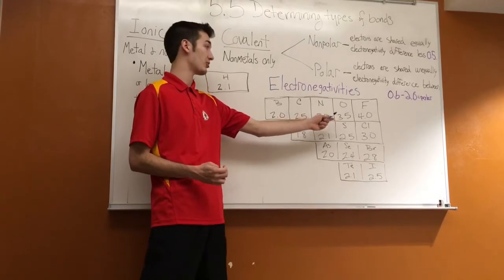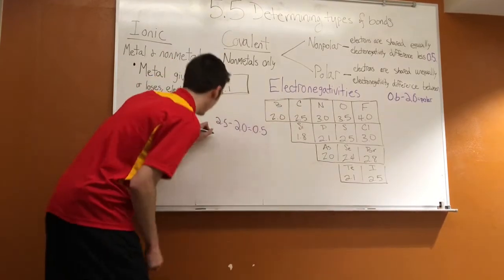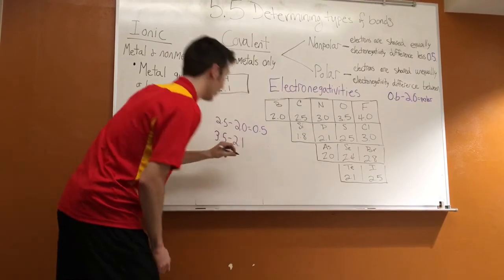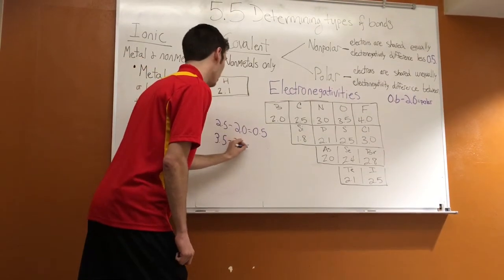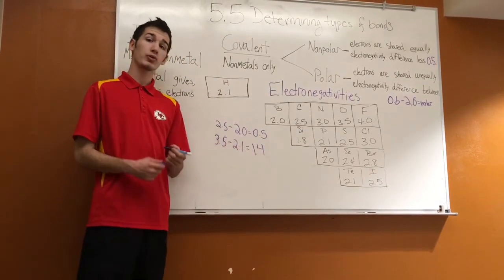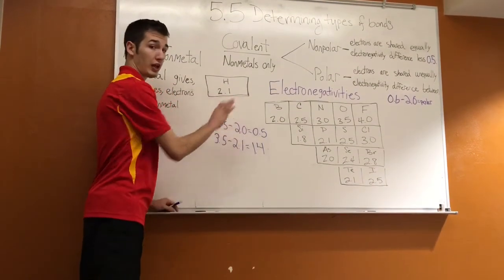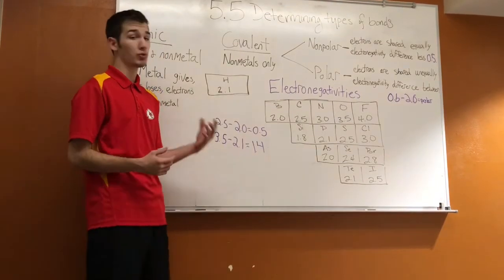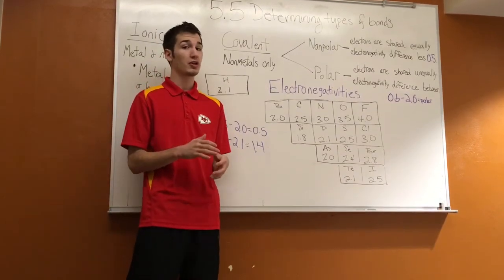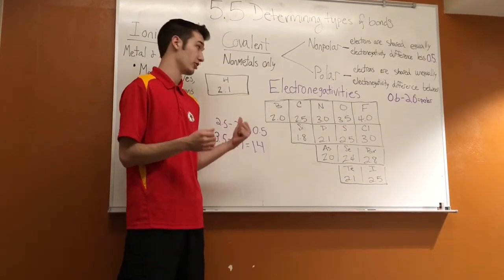We subtract 2.1, hydrogen's electronegativity, from oxygen's electronegativity, which is 3.5. 3.5 minus 2.1 equals 1.4. That 1.4 is between 0.6 and 2.0, which makes a bond between hydrogen and oxygen always polar. What that means is oxygen is tugging on those electrons a lot more and sharing them very unequally with hydrogen. It has a lot more of those electrons closer to it than hydrogen does.